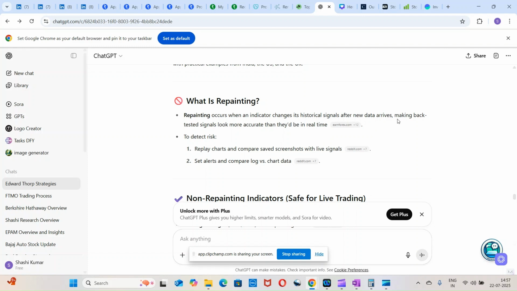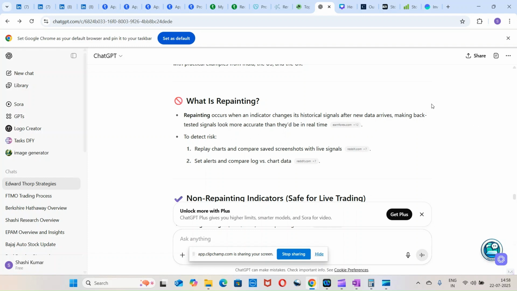Basically, repainting is when an indicator changes its historical signals. It will give, suppose, a buy, and then new data arrives, and it gives a sell. Once this repainting occurs, in backtesting these signals look more accurate. If you look at the charts at the end of the day, you feel like this is so realistic, and you could have easily taken trades here, here, here, and made so much money.